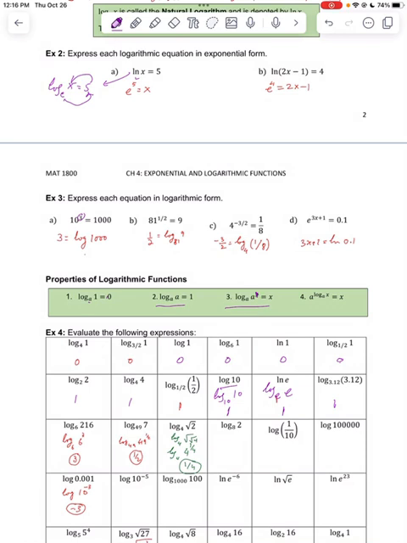If I put 1 in place of x, then it becomes the same as property 2. But now I have x here, so this is saying that whenever you have this situation, log base a of a raised to x, then the answer will be just x. What you have to notice again is that these two numbers are the same.